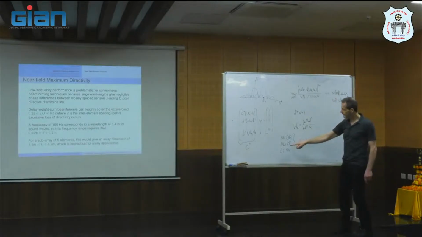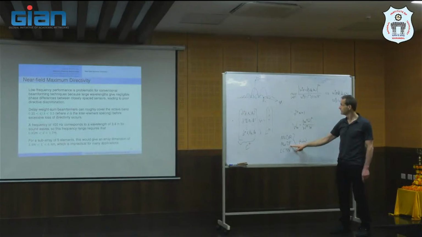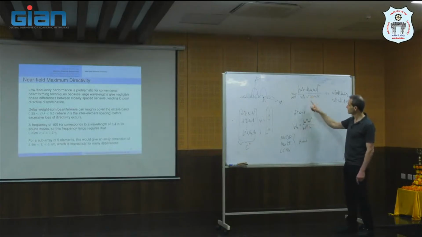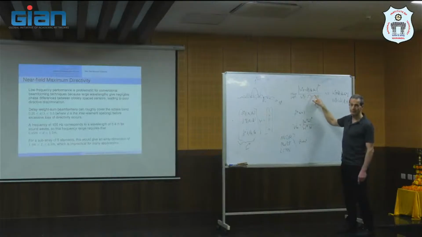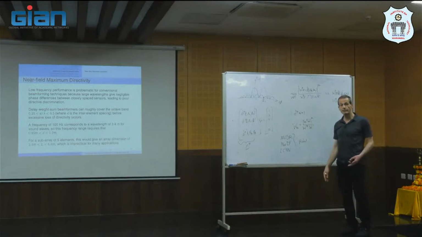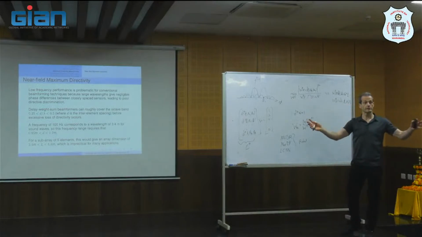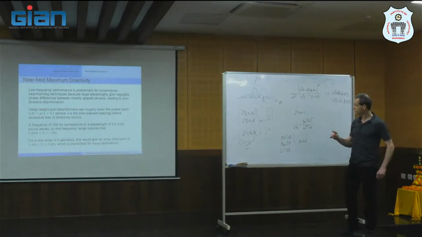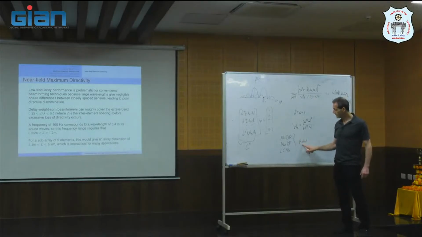If we go to max DF, instead of the matrix Q, it will be with the matrix gamma, which is relevant to diffuse noise that comes from all directions. So it will be robust, and we can add this constraint. So it will be robust max DF for near field source.